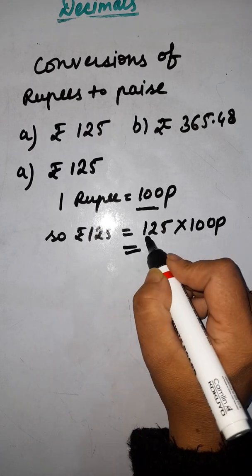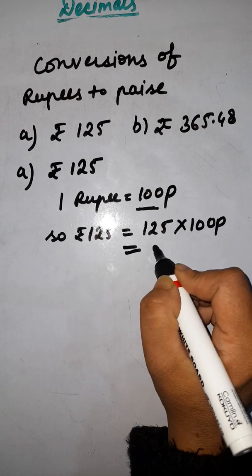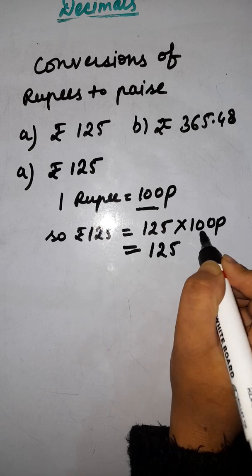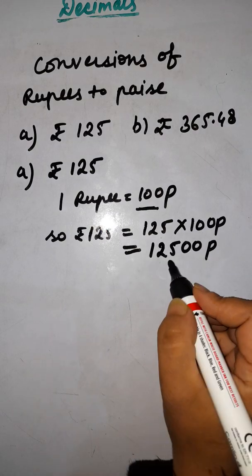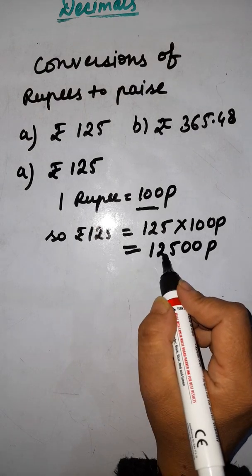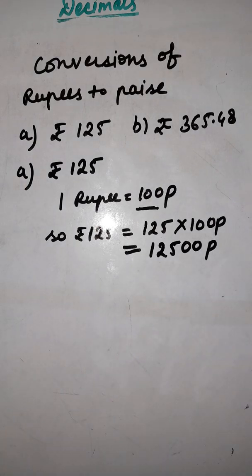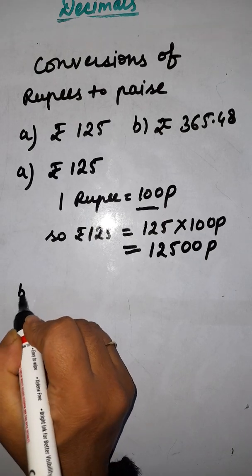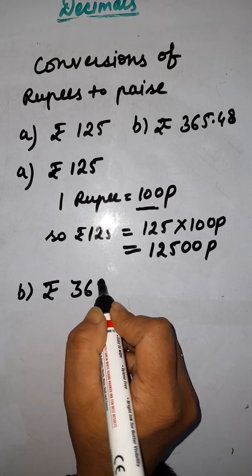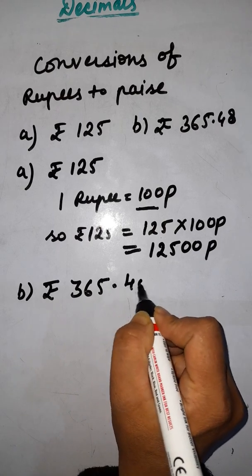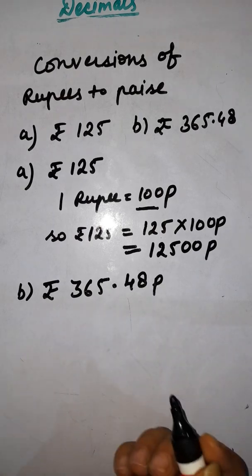Now 125 multiplied by 1 is the number itself, and we add two zeros over there. Now it becomes 12,500 paise.